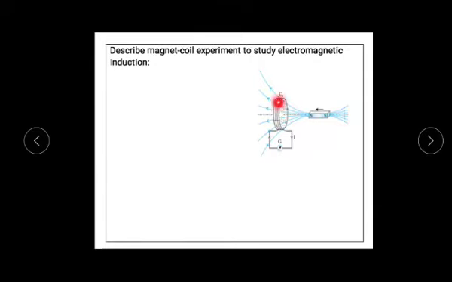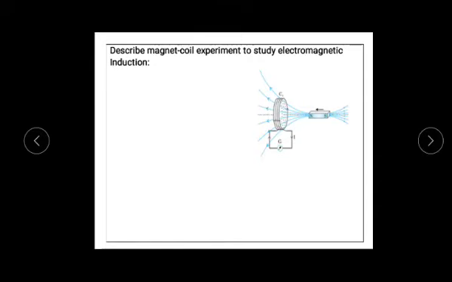Now we have to take one coil. You can take one copper wire and take a number of turns, so it becomes a coil. C is the coil now. To the ends of the coil you can connect one galvanometer. So what is a galvanometer? It is an instrument which is used to show the presence of current.